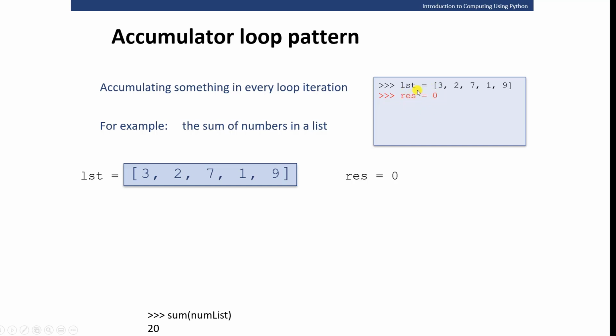So here we will assign a variable. We name it the accumulator result. We assign it to 0, and after that we keep iterating and adding the new value to result in order to finally get the sum of the numbers in my list.